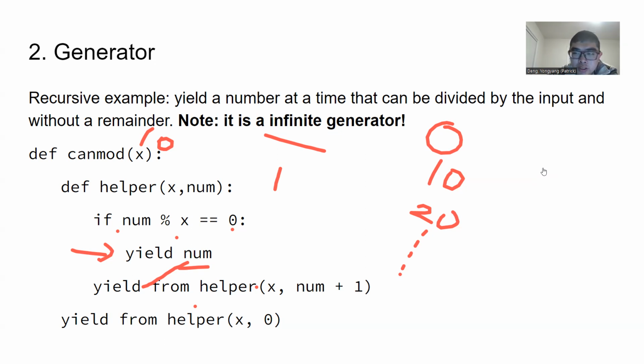But for yield, we do not end the function frame. So each time you hit the yield statement, it will take a break after returning the value. And next time you call it, it will loop again and find the value and then take a break. Each time you find the value, take a break.